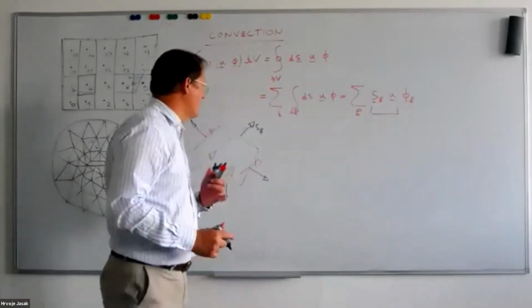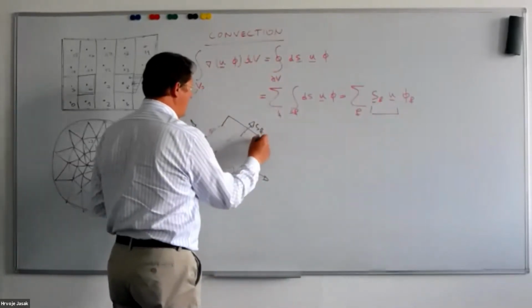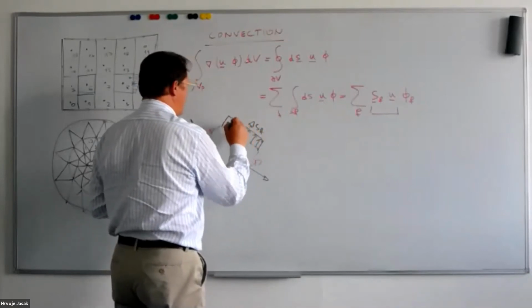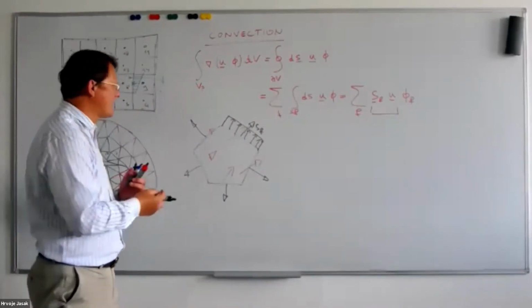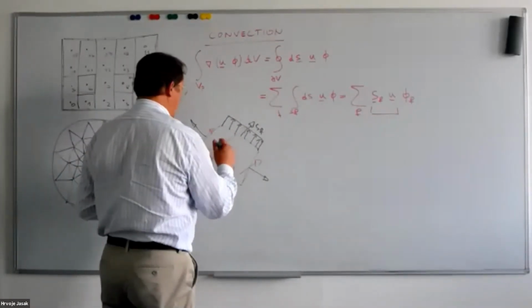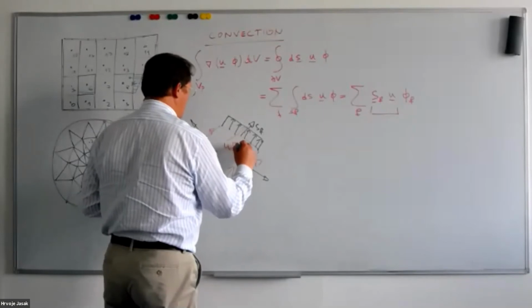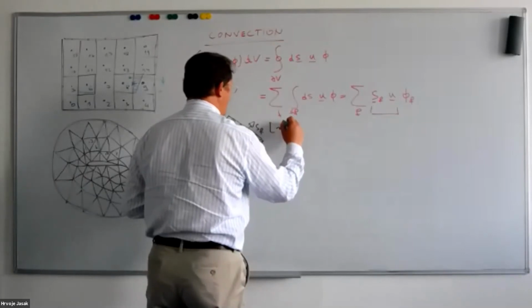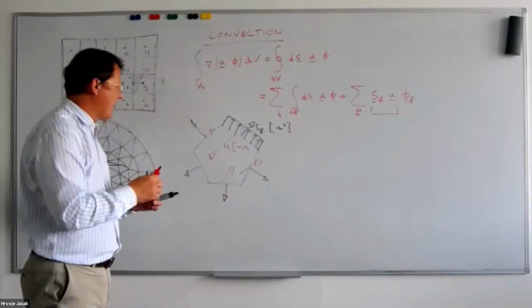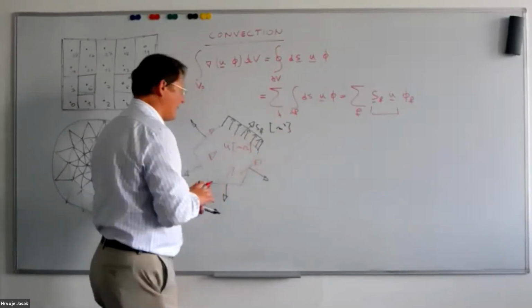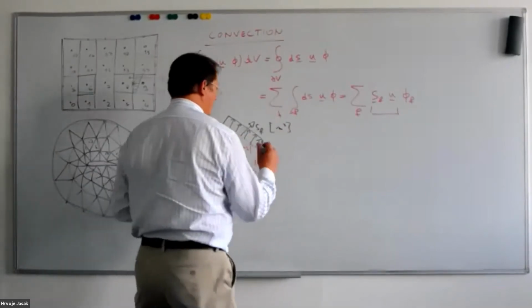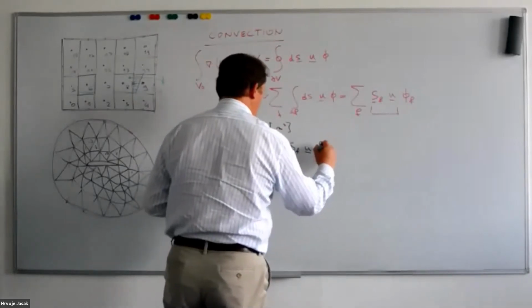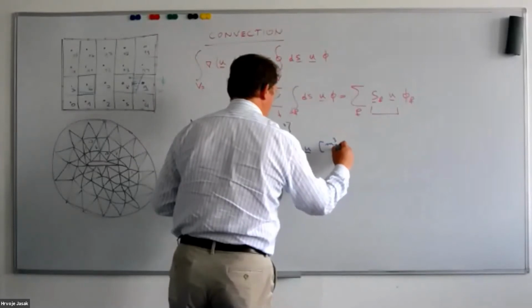SF dot u corresponds to the amount of volume that is fluxed through the face within 1 time step, and the units are meters per second for velocity multiplied by meters squared for surface, giving me a flux in meters cubed per second.